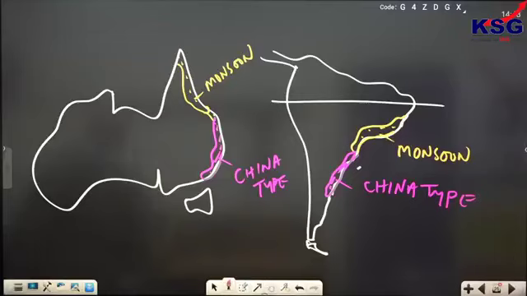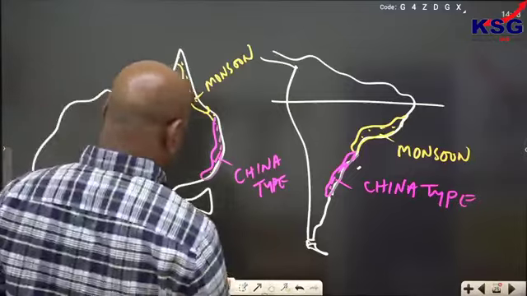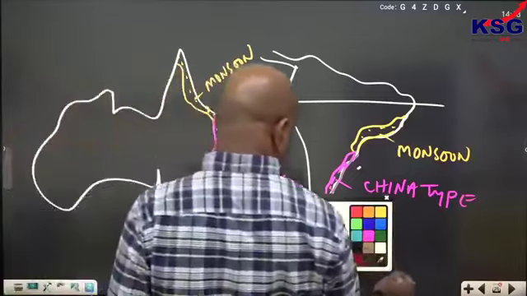Okay. This type of climate is also called a temperate monsoon climate. You know why?